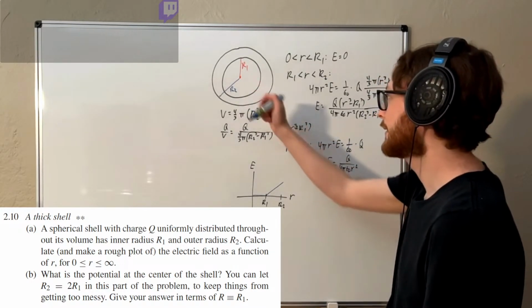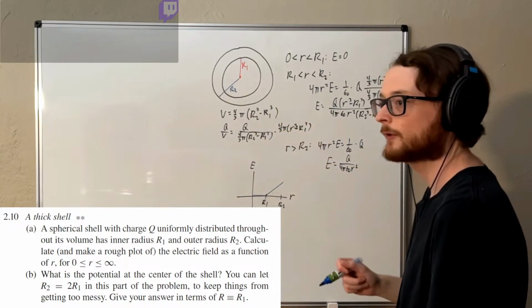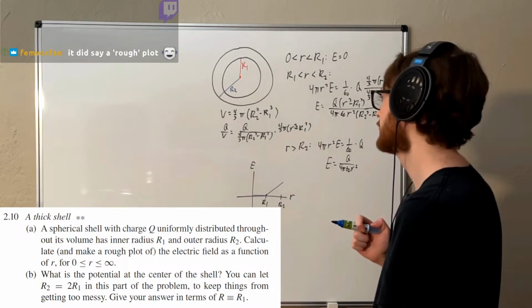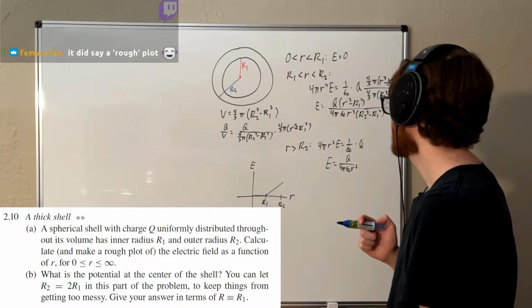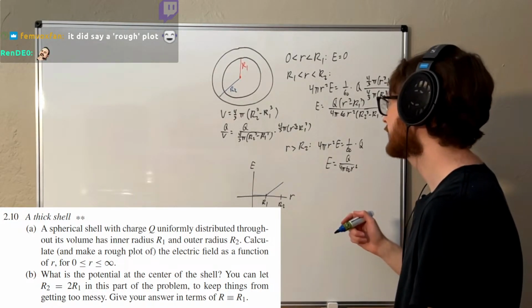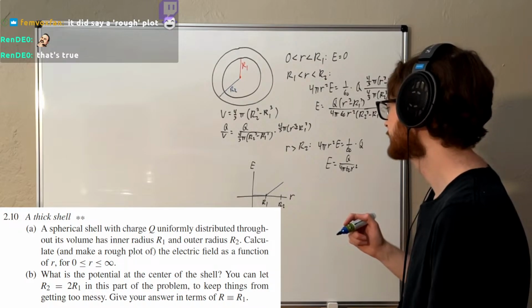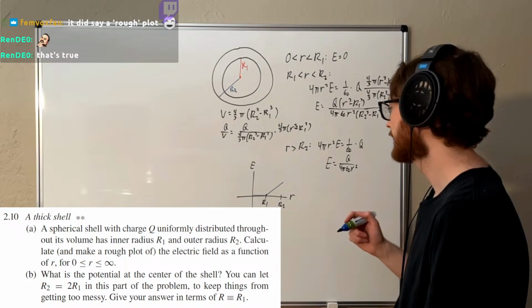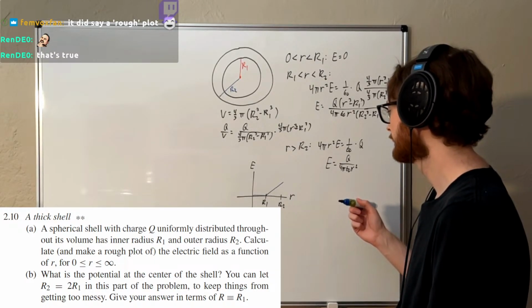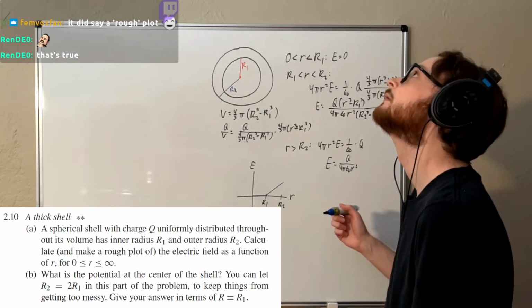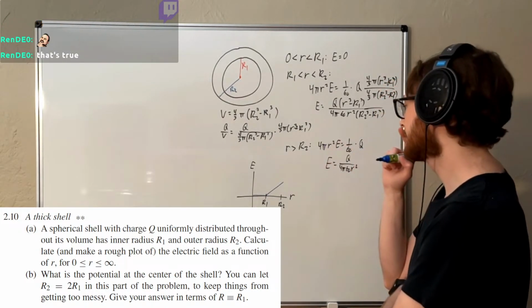And that makes sense with, if this was solid, when you're inside of a solid sphere, your field does increase with R. And then once we go outside, it drops off with r squared. How does that look though?